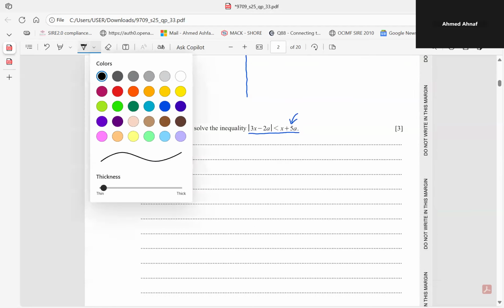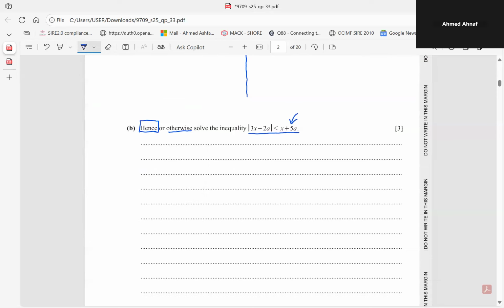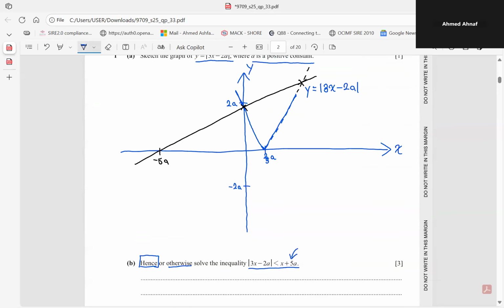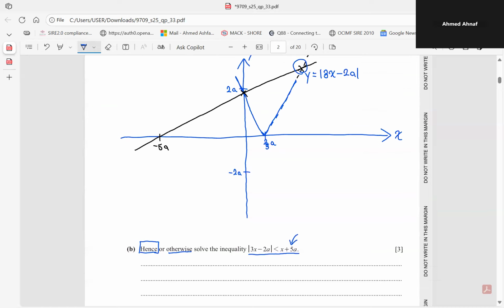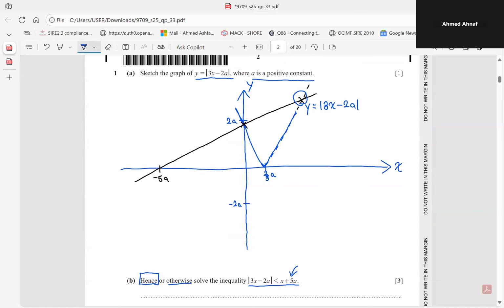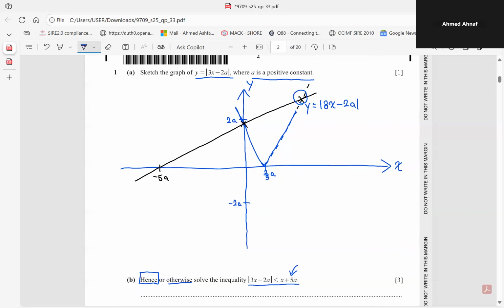Let's switch back to blue. In order to do this, we're going to find this one first. We take the positive branch, without the modulus, because this is part of the line y equals 3x minus 2a.